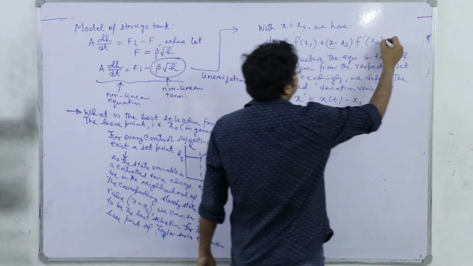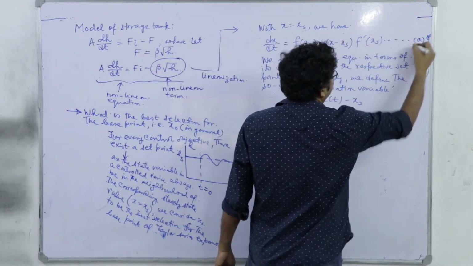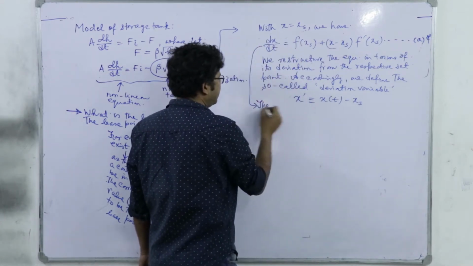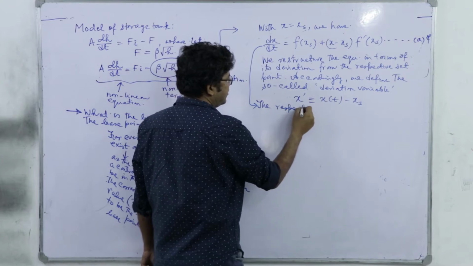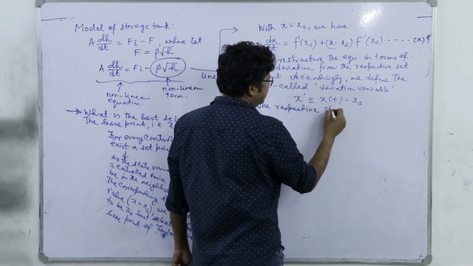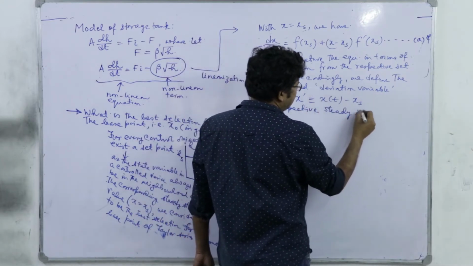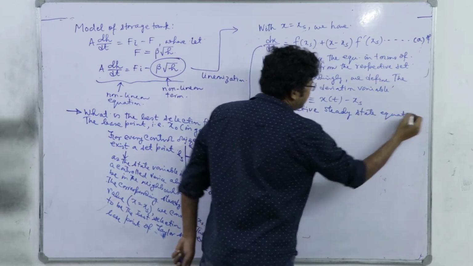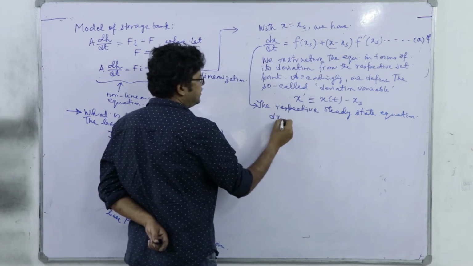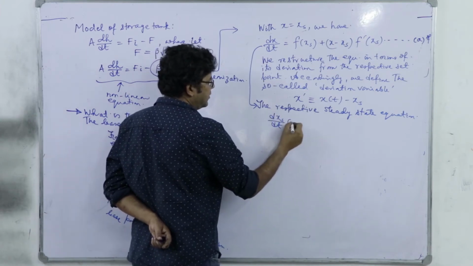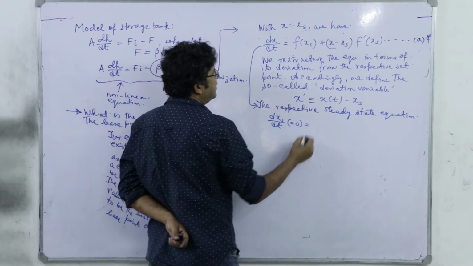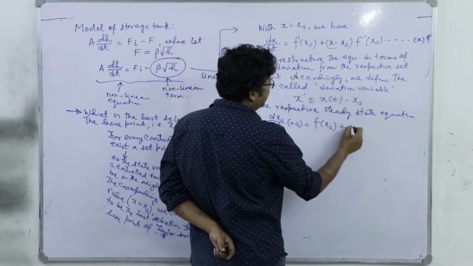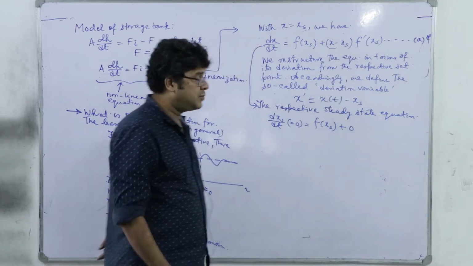So let's say this is equation A. The respective steady state equation is dxs dt, which is definitely 0 because it is at steady state, and that must be equal to f of xs plus 0 because at steady state x is equal to xs.